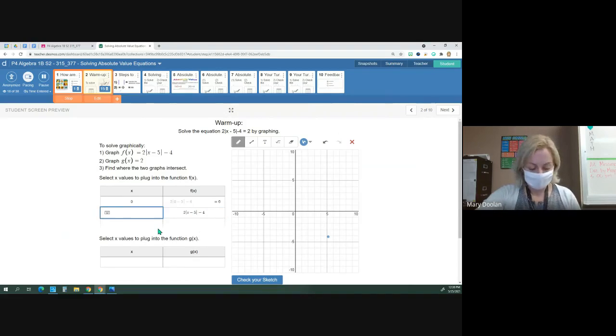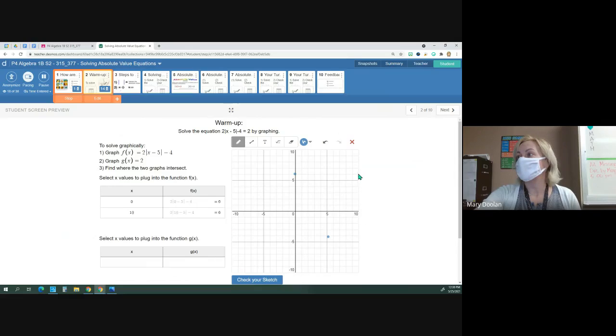And pick another value for x. Let's try 10. These are just values that I'm randomly picking because they show up on this axis and they're equal distances from the vertex. So I have a couple ordered pairs, 0, 6 and 10, 6.